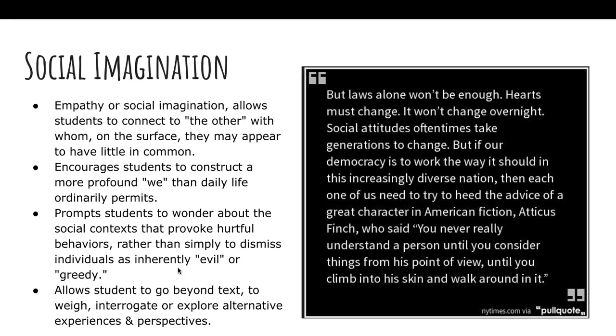It won't change overnight. Social attitudes oftentimes take generations to change. But if our democracy is to work the way it should in this increasingly diverse nation, then each one of us needs to try to heed the advice of a great character in American fiction, Atticus Finch, who said, 'You never really understand a person until you consider things from his point of view, until you climb into his skin and walk around in it.'"